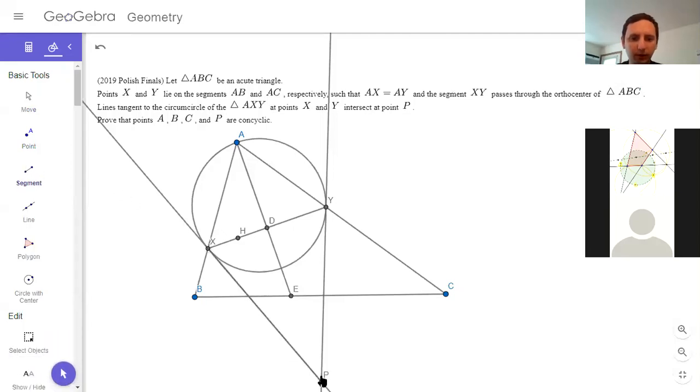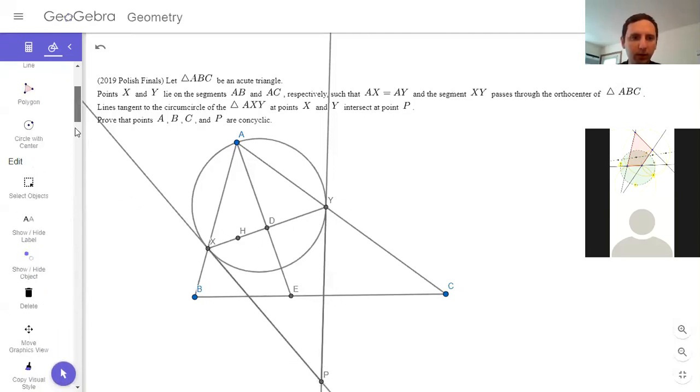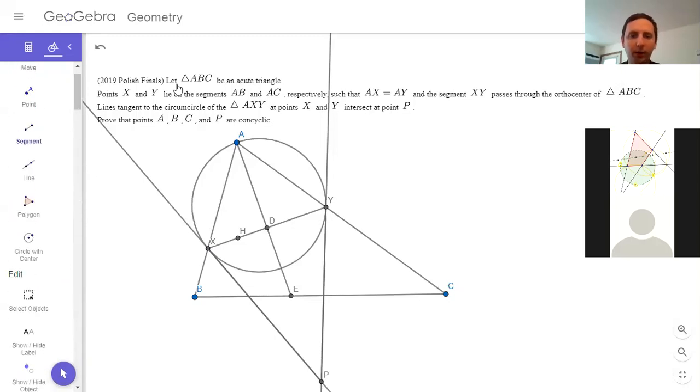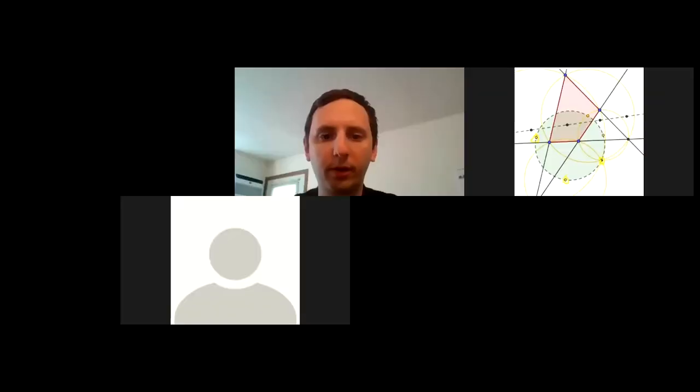Sorry, hold on one sec. I'm going to stop sharing my screen for just a second so I can check Discord, because I hear a few people on it.